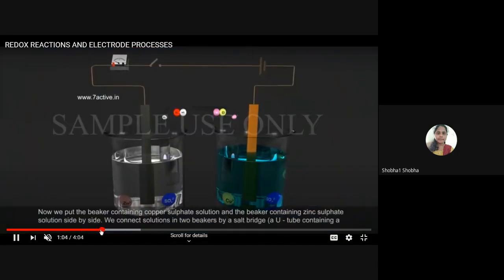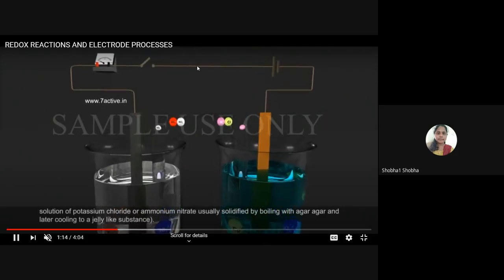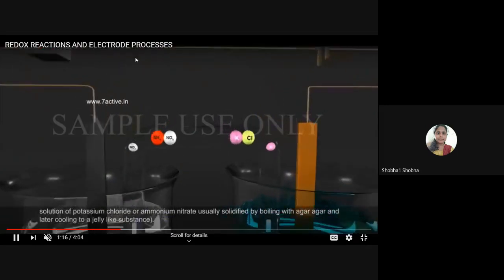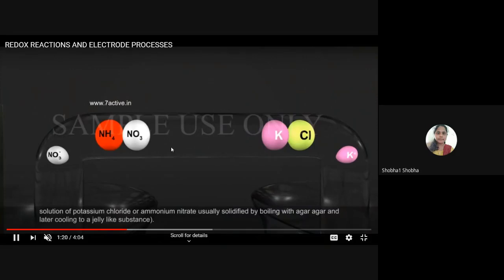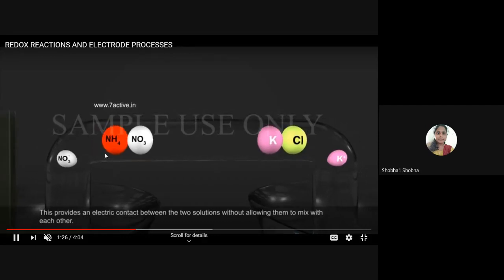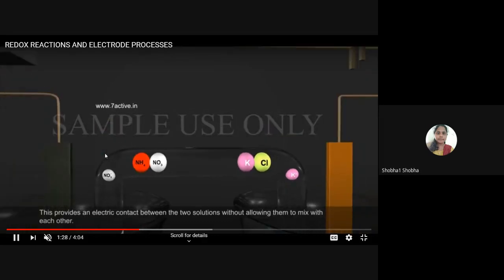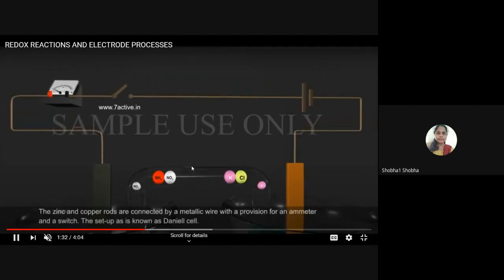So this is our electrochemical cell. This is the salt bridge, and this is the metal wire with an on/off switch. In the salt bridge you can find KCl or ammonium nitrate. They are using ammonium nitrate as the solution, but we are using sulfate and KCl, it's okay.